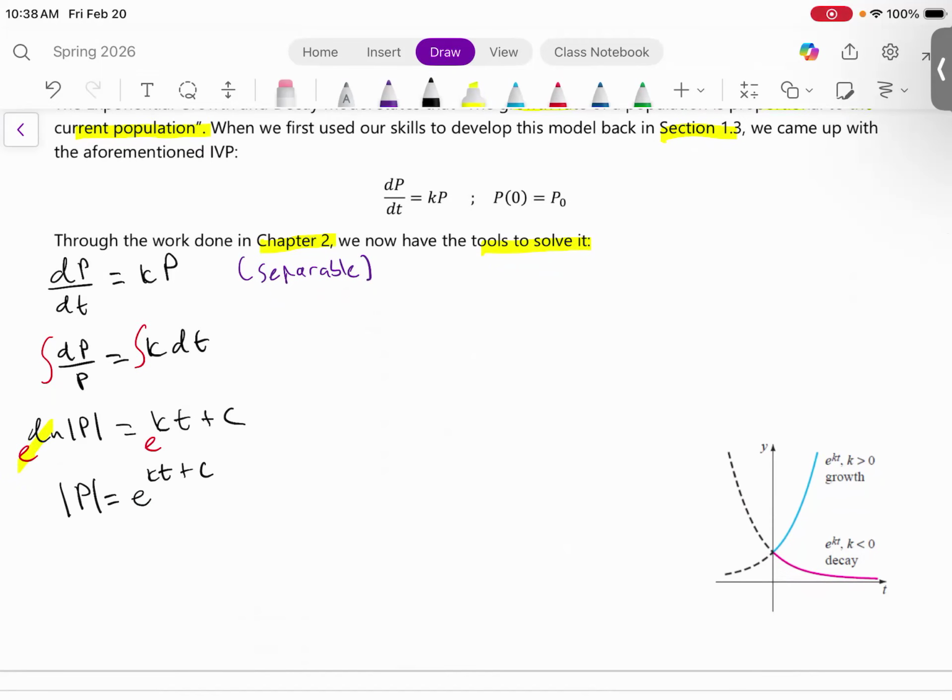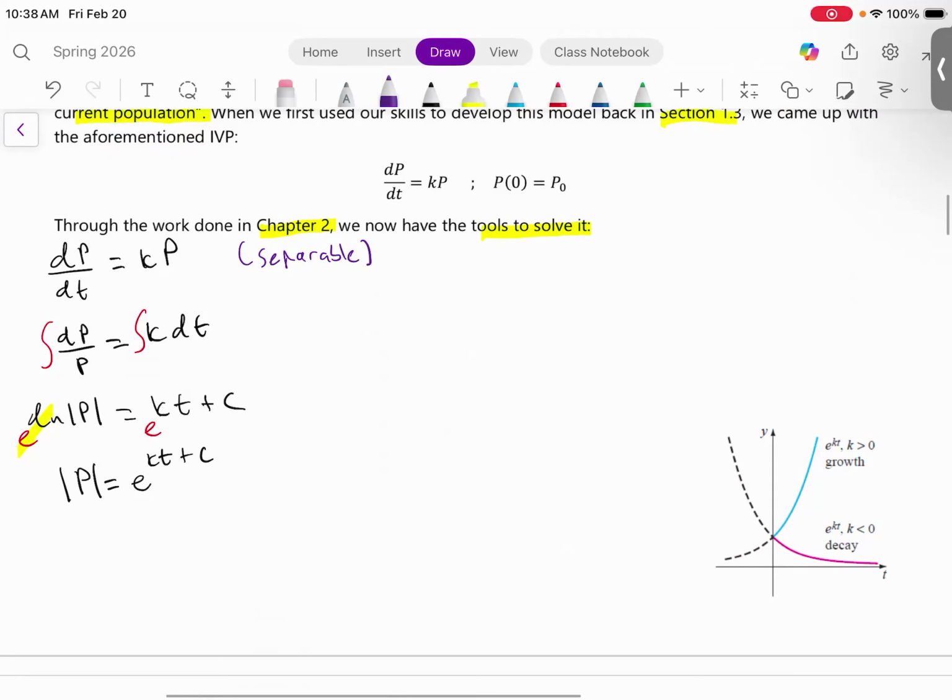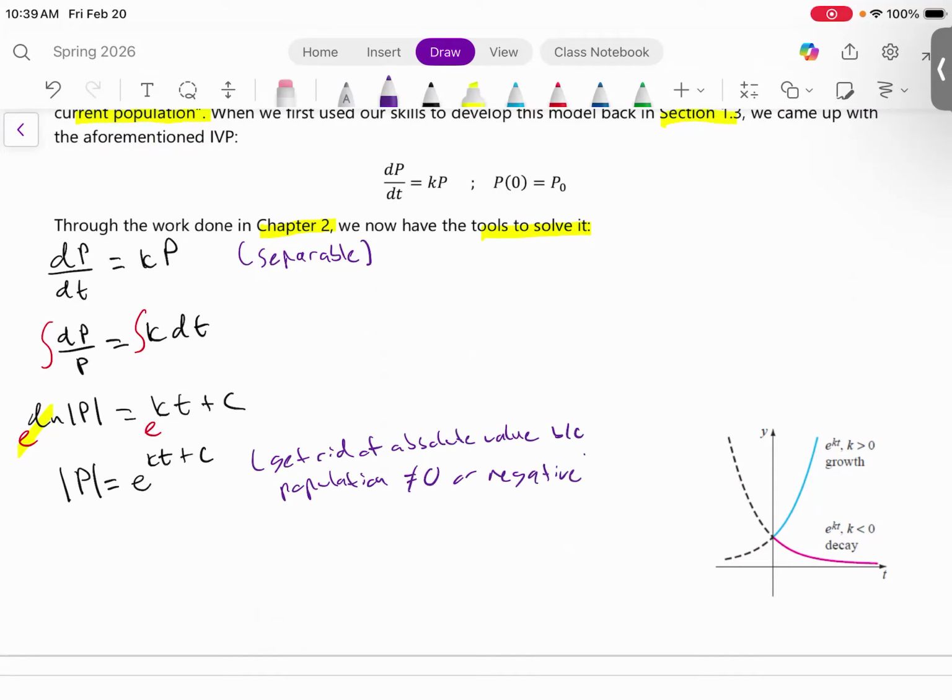A couple things here. We have absolute value of P, but one thing we can do is get rid of the absolute value, because we're talking about population here. The population is never zero or negative. It'll always have to be positive, otherwise this model does not work. So we can just get rid of that and write population P. And one thing we can also do is separate out our exponent with exponent laws.